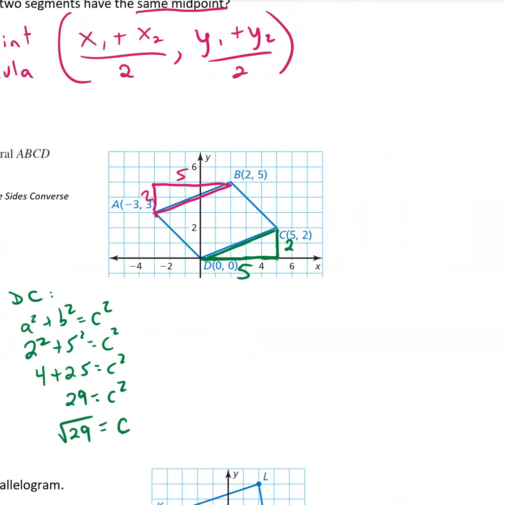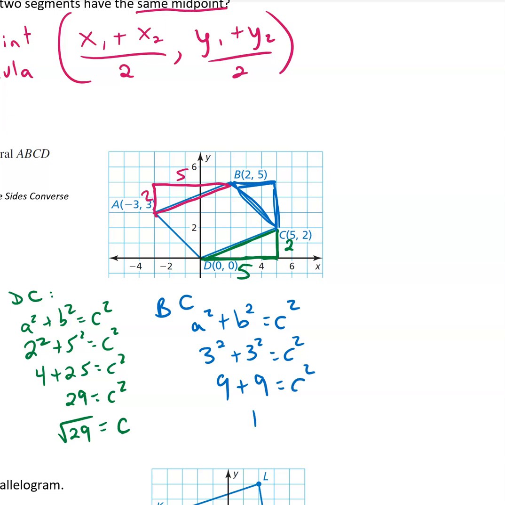Now let's find our other two sides. So let's find BC, this side over here. We'll make our right triangle. That was over 3 and down 3, so a and b are both 3. So 3 squared plus 3 squared equals c squared. 9 plus 9 is 18.